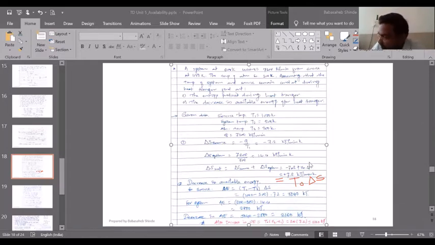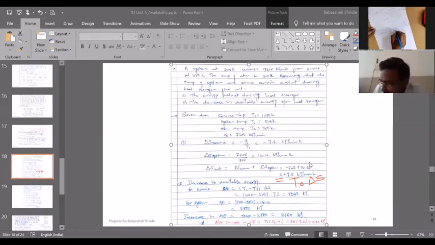Assuming that the temperature of system and source, instead of surrounding it is source, remain constant during heat transfer.